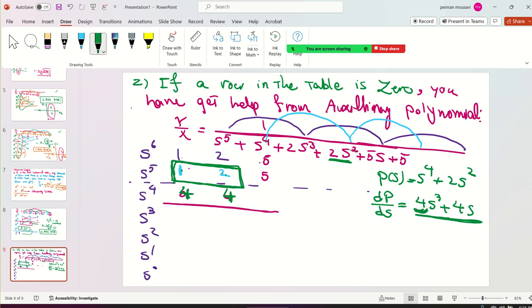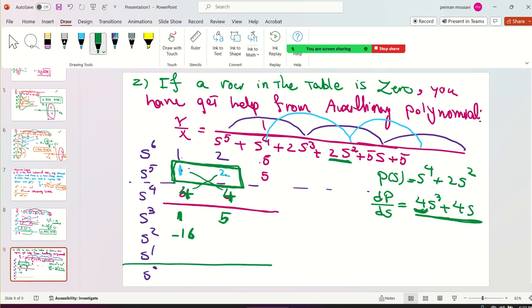8 minus 4 divided by 4. 4 divided by 4 is 1. See, 8 minus 4, 4 divided by 4 is 1. 20 minus 0 divided by 4 is 5. You're gonna put it here. Now, continue. 4 minus 20, how much is that? Minus 16. Negative number, guys.